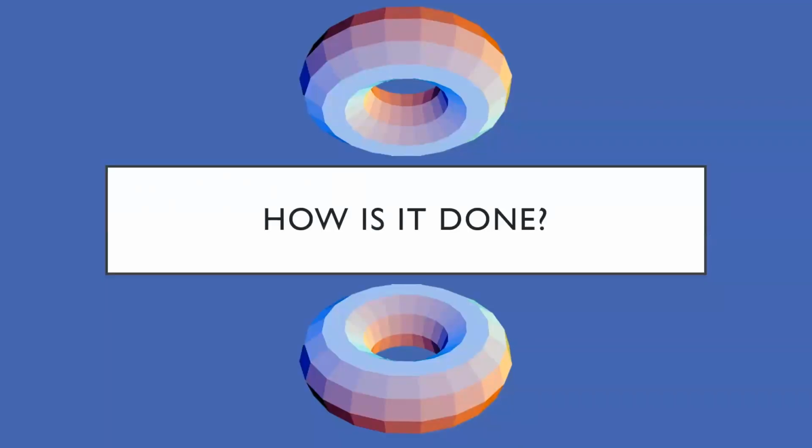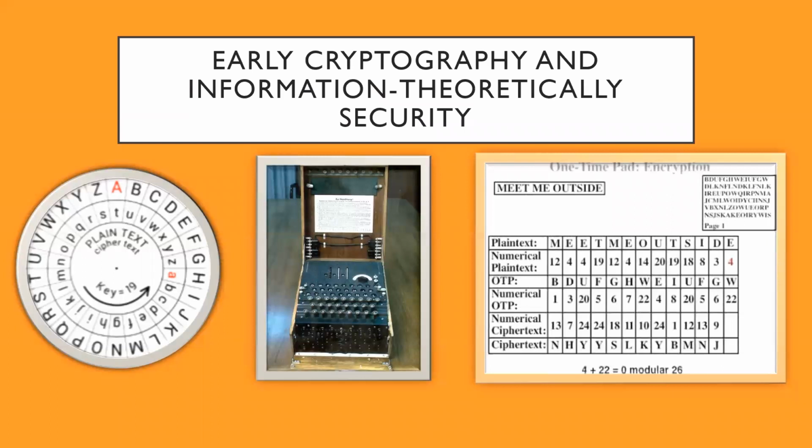As you may understand, this is something that is very common in our own lives and is actually already currently done even without quantum. So let's see now how it is done and how it was done in the past. The first ways of protecting data were early cryptography.